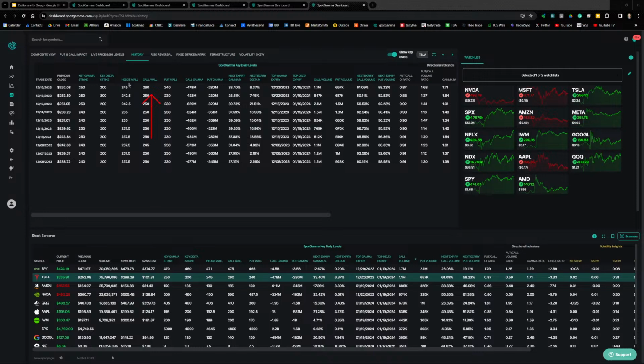So that's bullish for Tesla. The put wall also shifted higher, up to 240. That's bullish as well. And the hedge wall shifted higher also. That's bullish. So three shifts higher in the key daily levels. That is bullish.